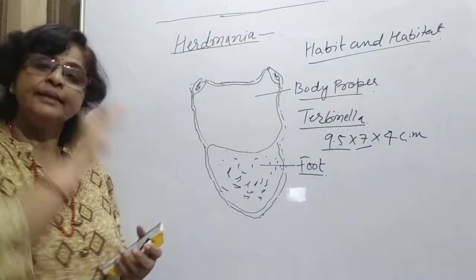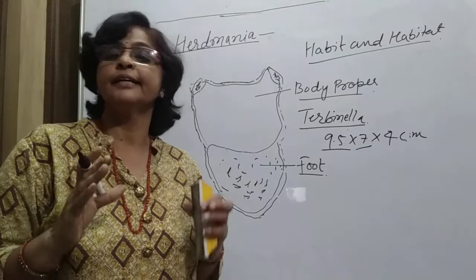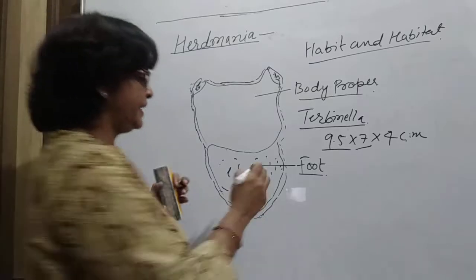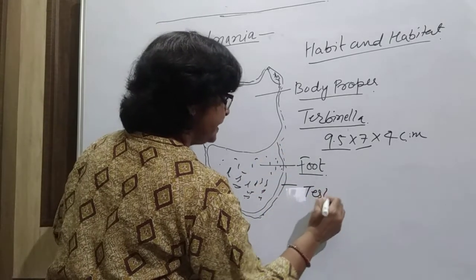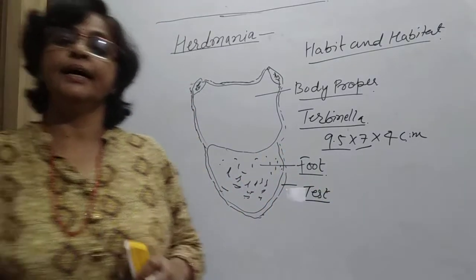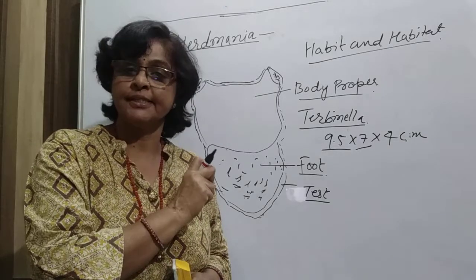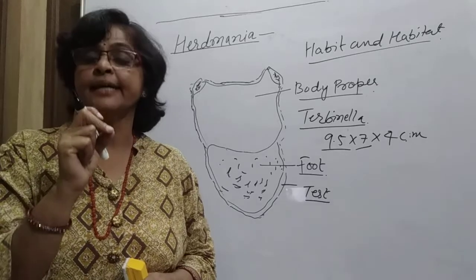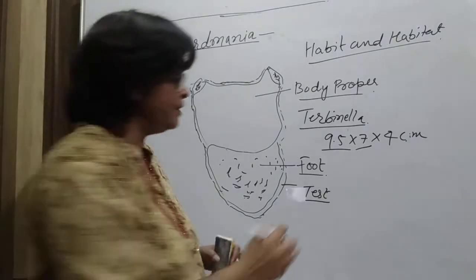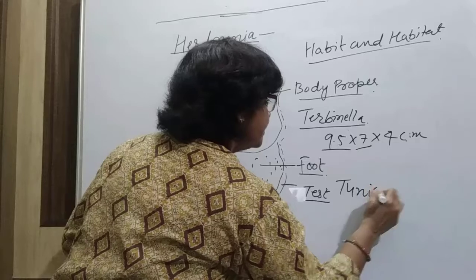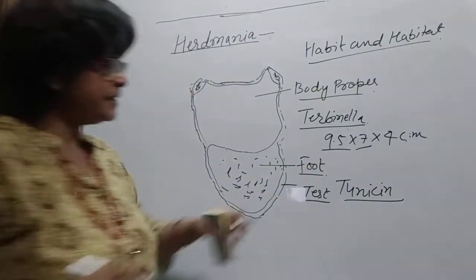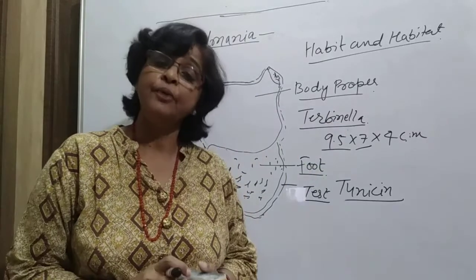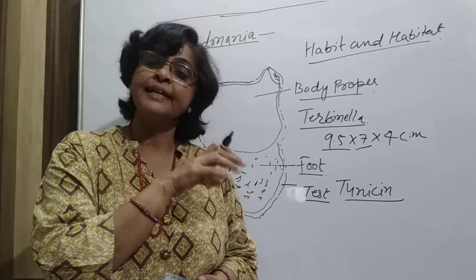The whole body is covered by a thick, leathery, transparent covering that is known as the test. This test is very peculiar in Herdmania, and it consists of a cellulose-like material known as tunicin that covers the whole body.